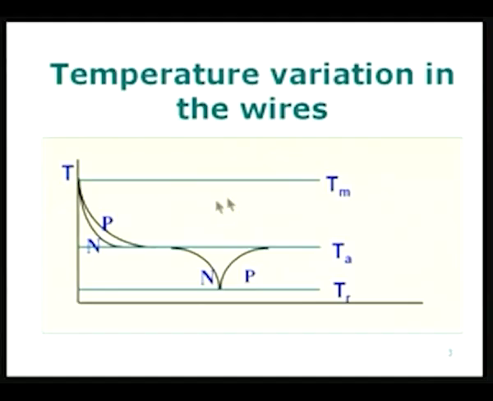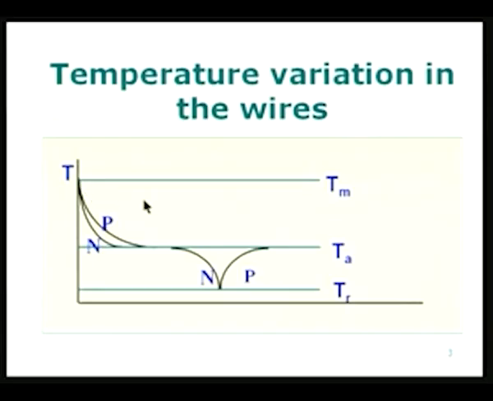So, I have shown these two temperature levels. This is the temperature axis. I have got Tm, this line corresponds to Tm, the intermediate line corresponds to the temperature Ta, and the reference temperature corresponds to Tr. There are three temperature levels in this particular circuit.